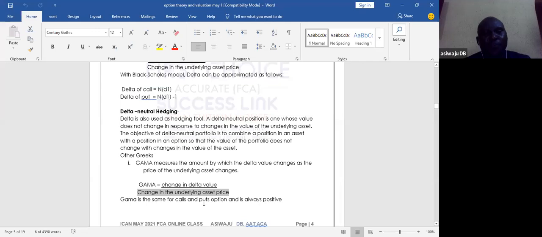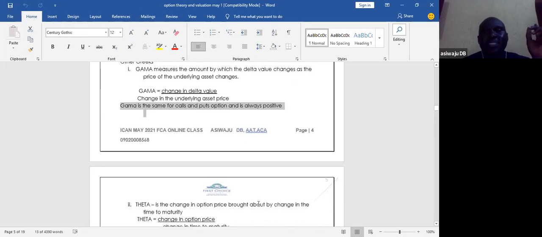Gamma is the same for both call and put options and is always positive. What does it mean? Where there is an increase in asset price, there's going to be an increase in delta value, and there's going to be an increase in your gamma. It's positive.